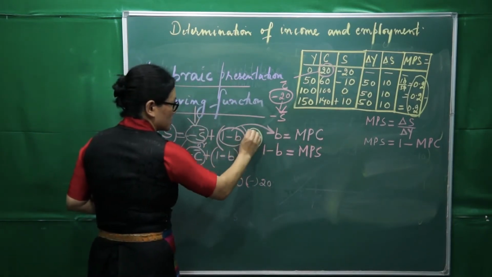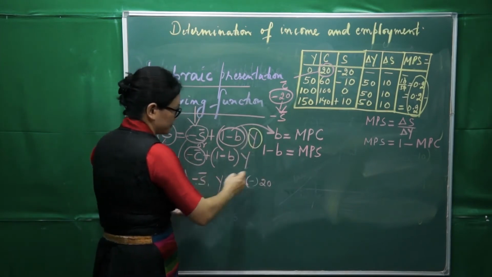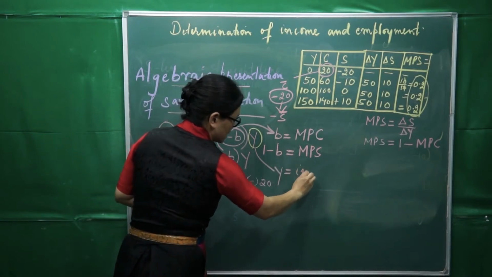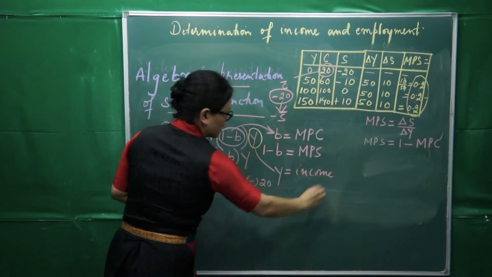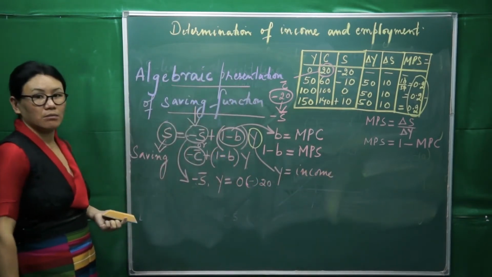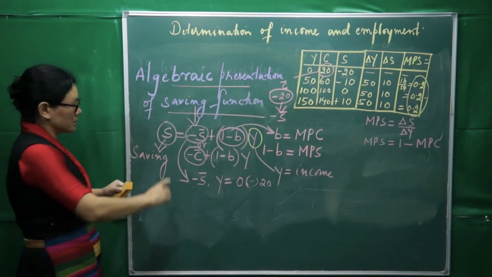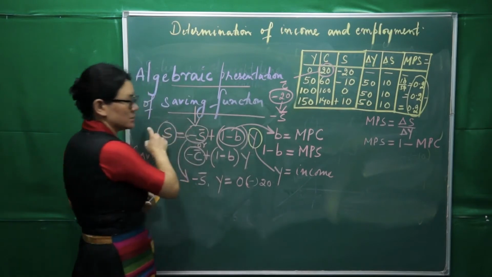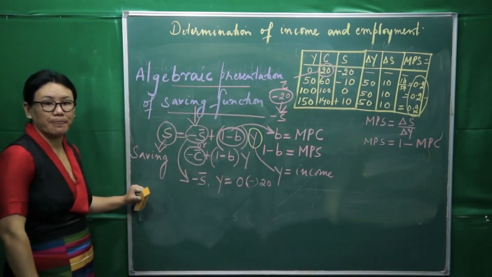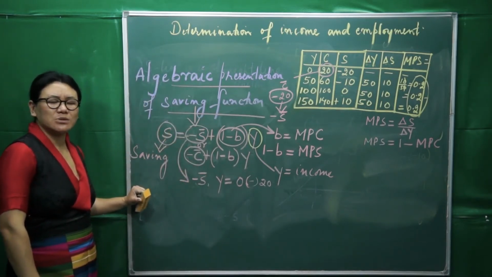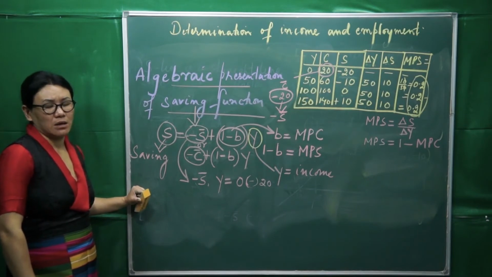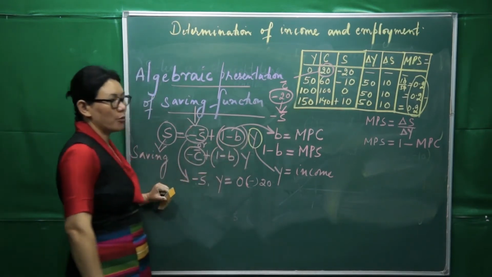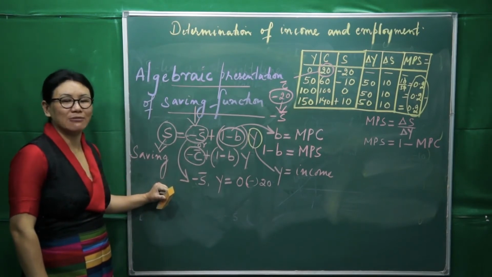Then this is income. Y is income here. Now this is what? The saving function equation. Now it's very easy to derive the saving function from the consumption function if it is given.